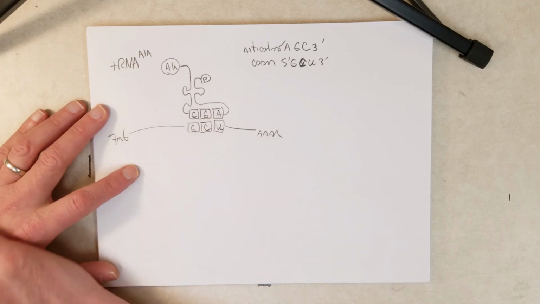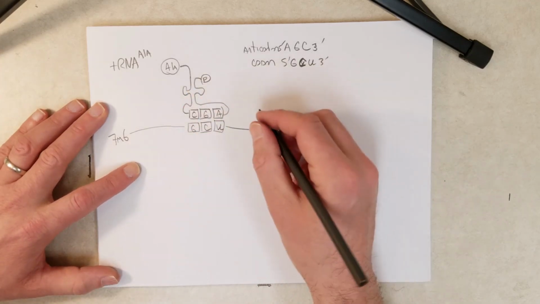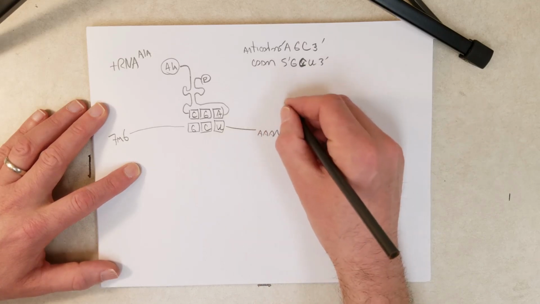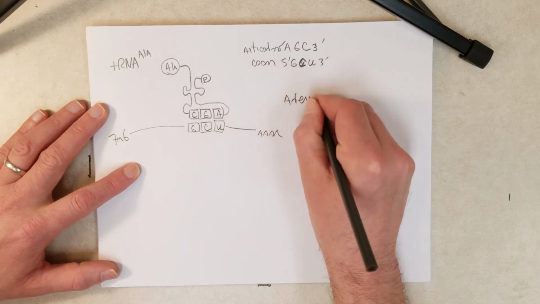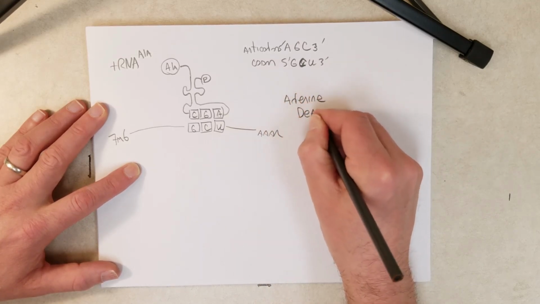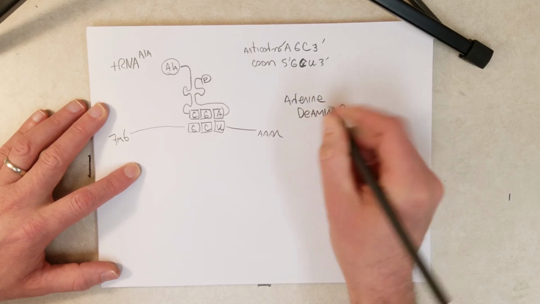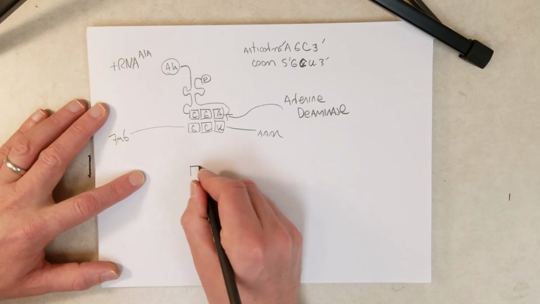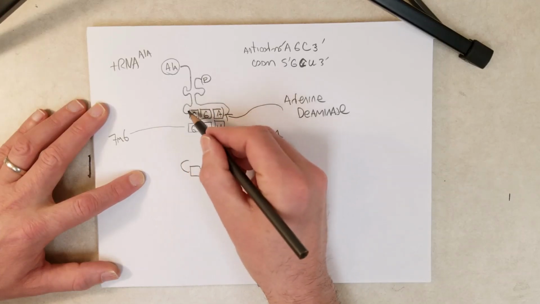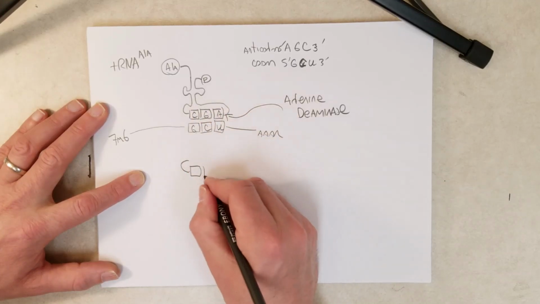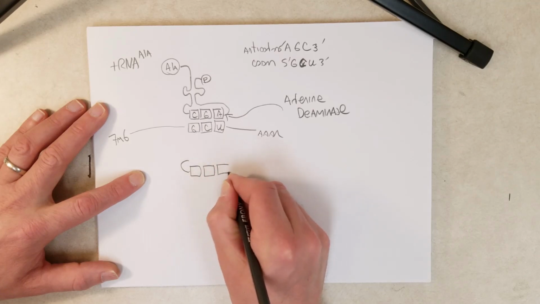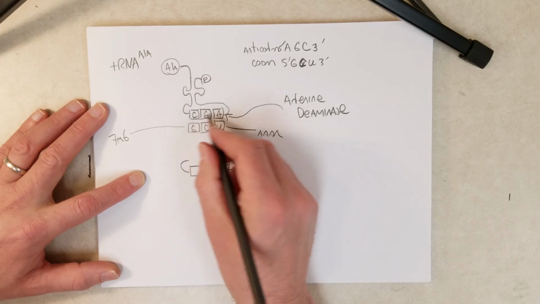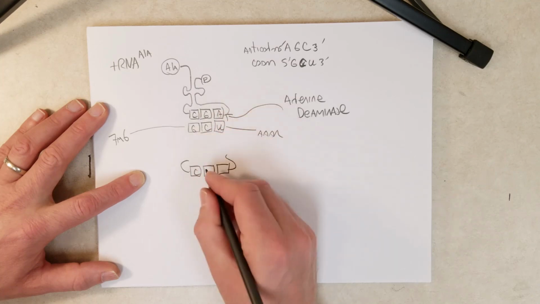Now, the enzyme adenine deaminase can come in here and change that A to an I. I'm just diagramming this part right here.